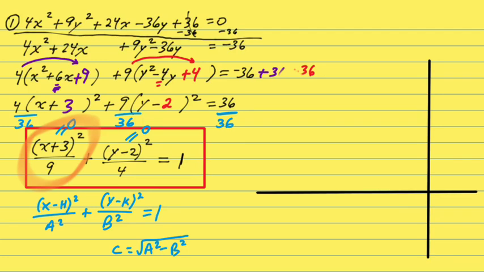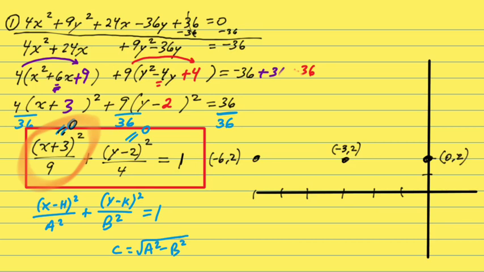Now let's do it. Negative 1, negative 2, negative 3, and up 2. So I think the center is at negative 3. Isn't that what makes this 0? Comma 2. Again, under the x is a 9. Square root of 9 is 3. So you go 3 in the x direction, 3 to the left, 3 to the right. So I think I'd have a couple of points here.